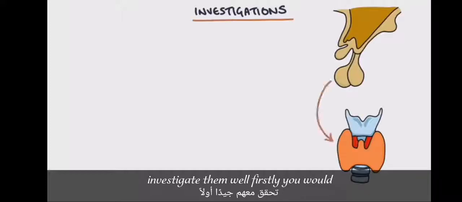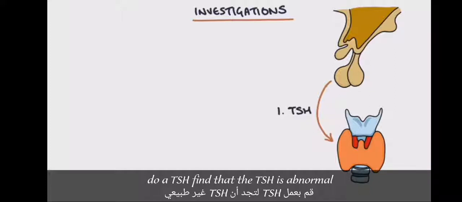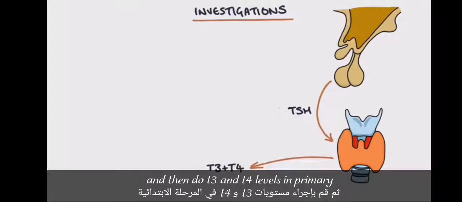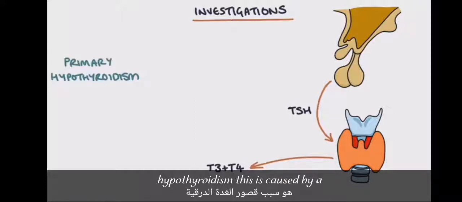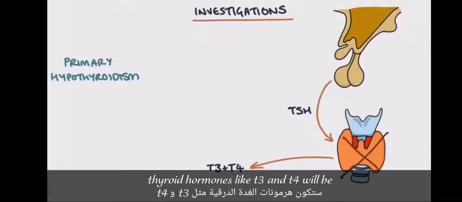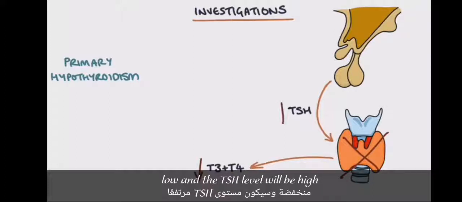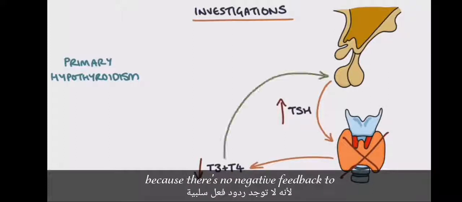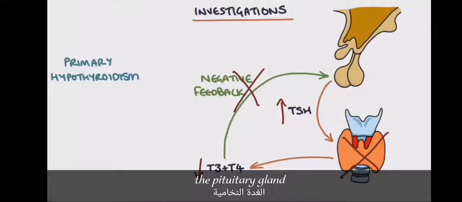So when you suspect hypothyroidism, how do you investigate them? Well, firstly, you would do a TSH, find that the TSH is abnormal, and then do T3 and T4 levels. In primary hypothyroidism, this is caused by a thyroid gland insufficiency. So the thyroid hormones like T3 and T4 will be low, and the TSH level will be high because there's no negative feedback to the pituitary gland.